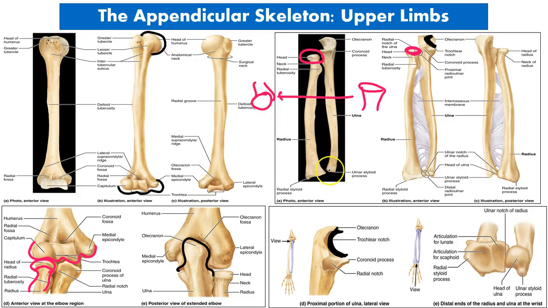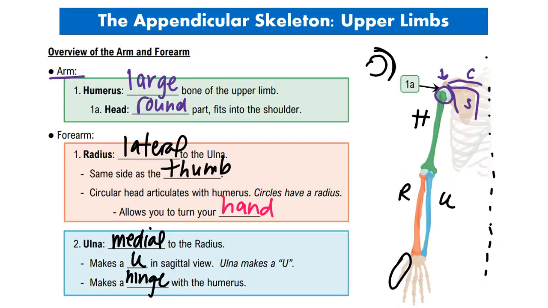Another thing I noticed about the ulna is that there is a little process extending at the end of it that is very pointy. When you're looking at the ulna in this view, towards your actual pinky, folks always say the ulna points to the pinky.